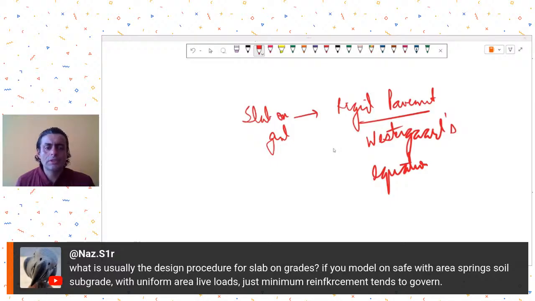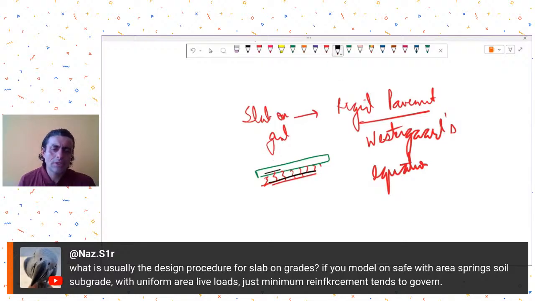Because your slab is resting on grade, that means your slab is resting on compacted fill, there are negligible bending moments that your slab will experience, and that is the reason why the reinforcement that you will find will not be that high.